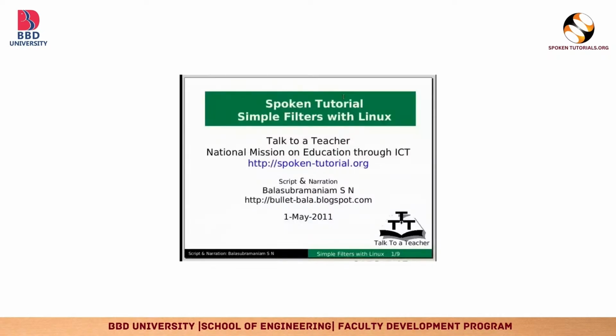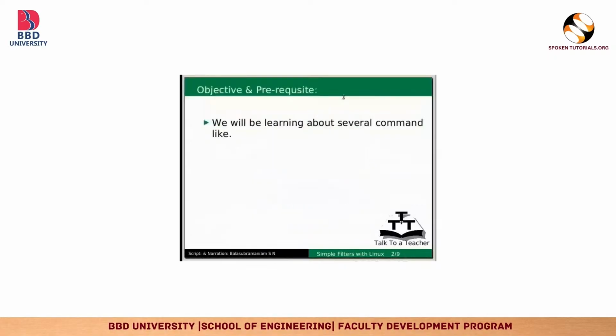Hello and welcome to spoken tutorial on simple filters with Linux. Here we will be learning about head, tail, sort, cut and paste. All these are command line text manipulation tools. If you see a hash symbol on the terminal, you need to become root to execute those commands, sudo su or su root.